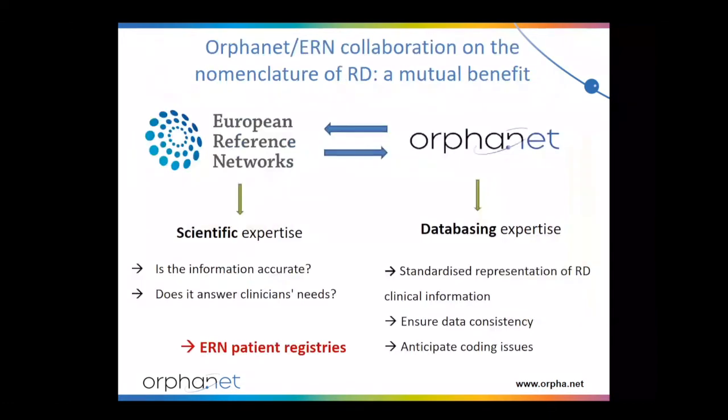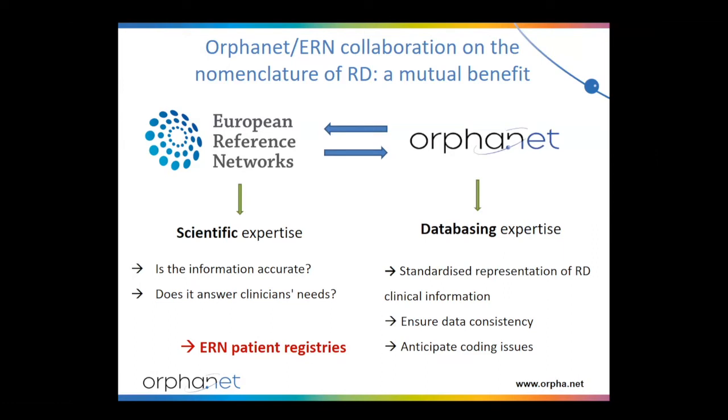A quick word on Orphanet and the collaboration with ERNs. Collaborative effort has been ongoing between Orphanet and the ERNs since their establishment in 2017 for the update of the Orphanet nomenclature and other information, and mainly because the ORPHAcodes are used in ERN patient registries.